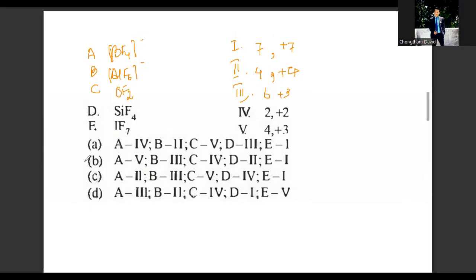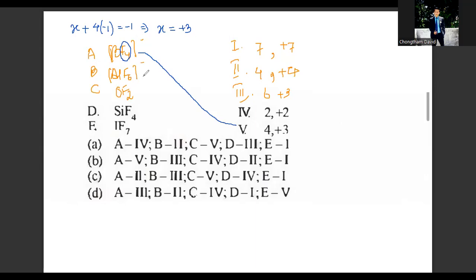So if we analyze properly, this BF4 minus would match best with coordination number 4, because you have 4 fluorine here. And you can find the oxidation state of this boron. X plus 4 into minus 1 equals minus 1. So X would be plus 3. So in the same trend, you have to find out for the remaining as well.